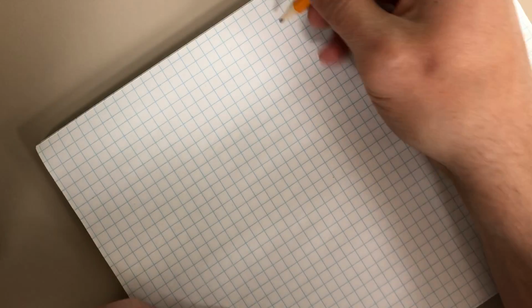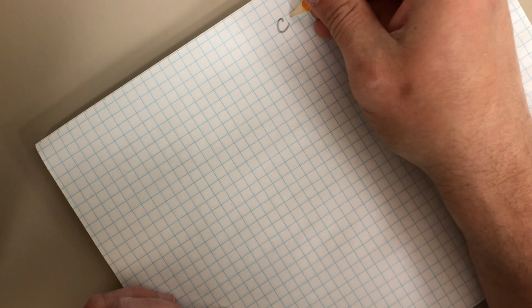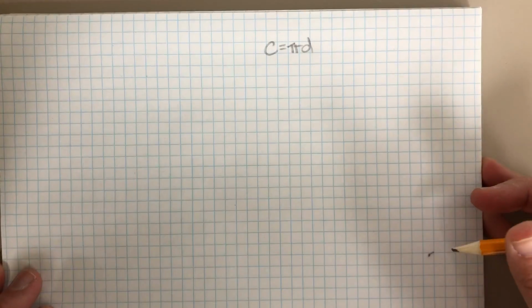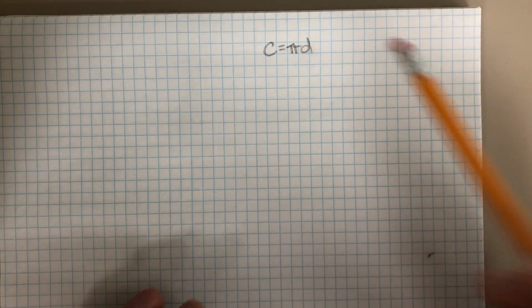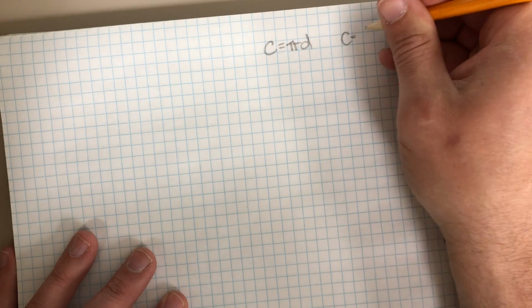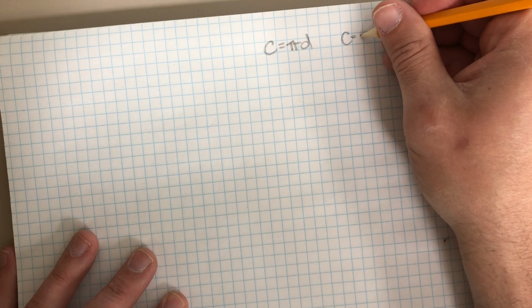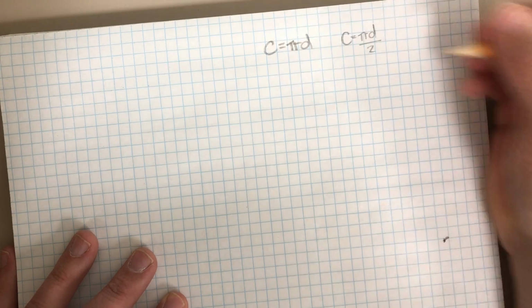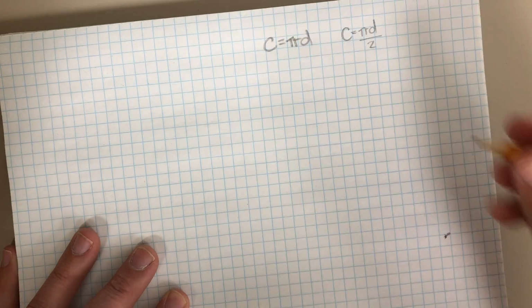So going back, we have two different formulas that we've been using with circles. One is for the circumference of the circle, and the circumference is equal to pi times the diameter. So if the circumference is equal to pi times the diameter, then for a semicircle or half of a circle, the circumference of that portion would be pi times the diameter divided by 2, because it's half of a circle.